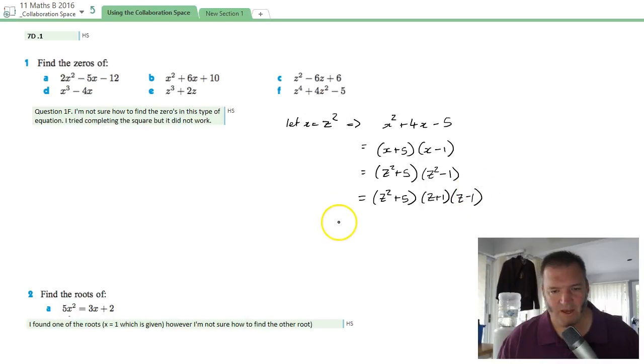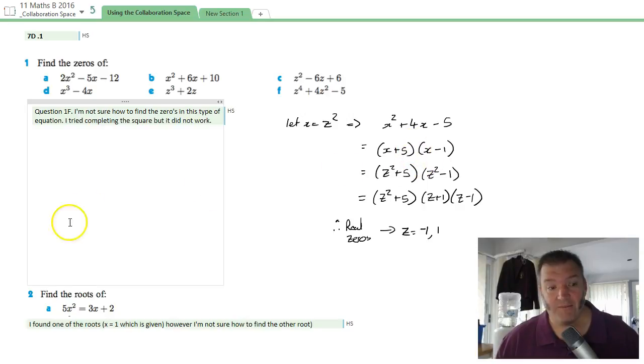So the zeros that we can find, the real zeros, and remember in this exercise, those of you doing Math C will be aware that you can find the imaginary ones as well, but the real zeros for this one are just z equals 1 and negative 1. And there we have it. All right, let's keep going.